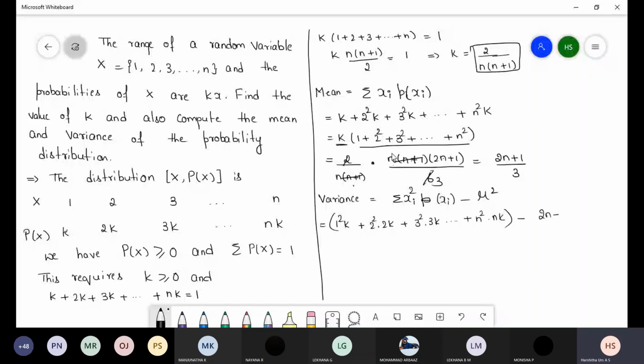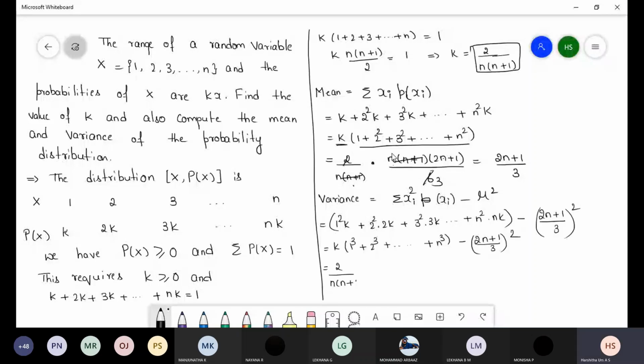So again we have to use the formula for the sum of the cubes. For the sum of the cubes, k I will take as common, 1 cube, 2 cube up to n cube.